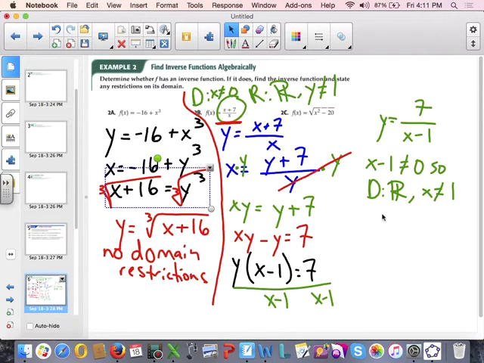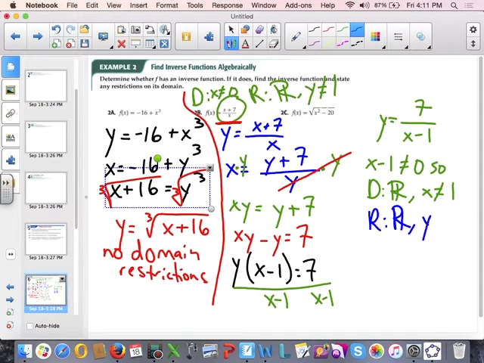And it doesn't. So we have verified that the domain and range of the original function correspond to the range and domain of its inverse. And you might want to pause this before I erase in order to do part C.